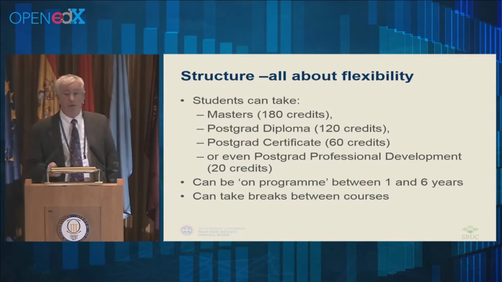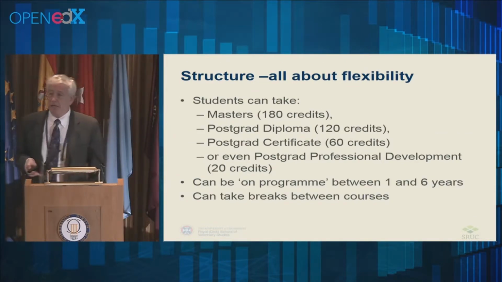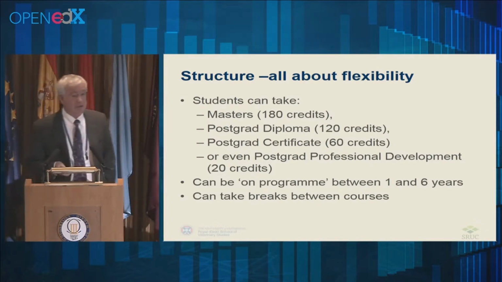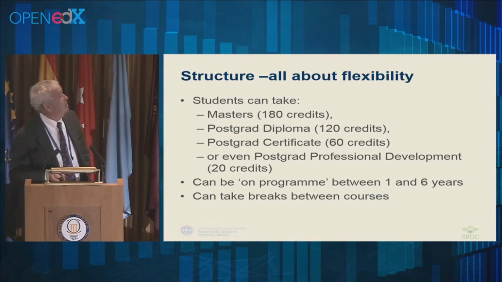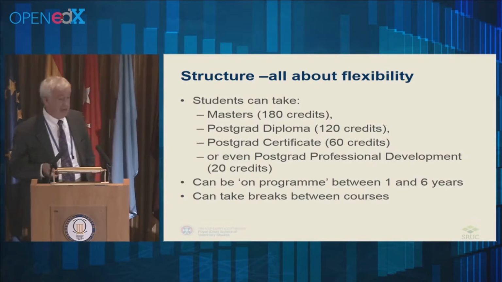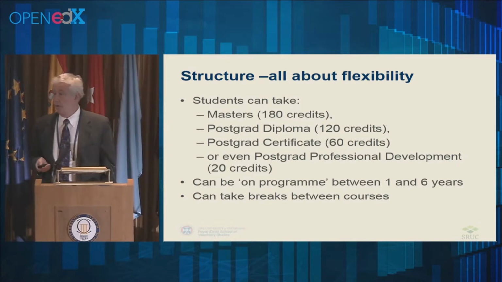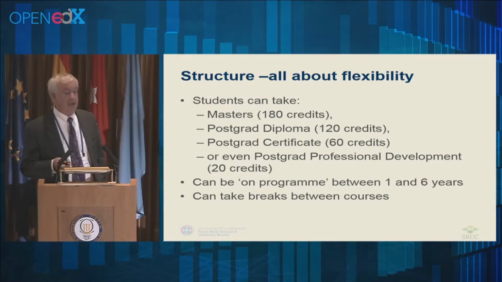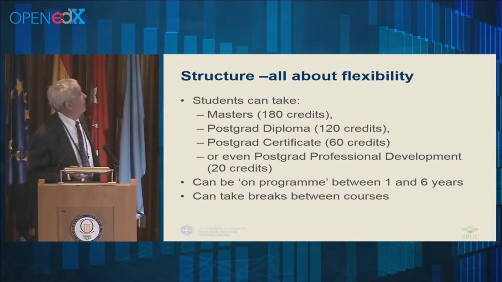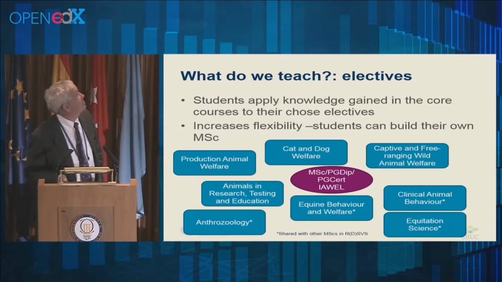Very nice structure. One of my points is that when you've got an ecology like we have of postgraduate and MOOCs, there are a whole range of exit points. So if you look at this online masters, you can exit with 20 credits, which is about the size of a micro masters, or you can exit with 60 credits and have a certificate, or 120 credits and have a diploma, or do a bit of research as well and have a full master's degree.